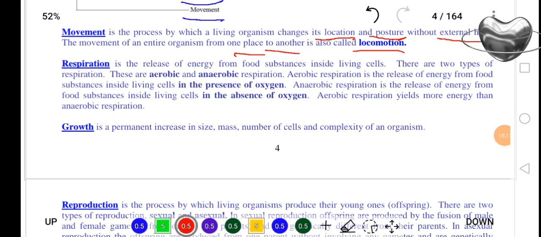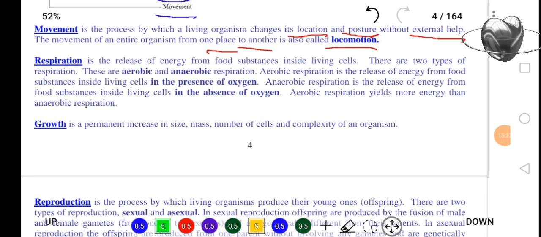The feature number 2 is respiration. Respiration is the release of energy from food substances inside living cells.